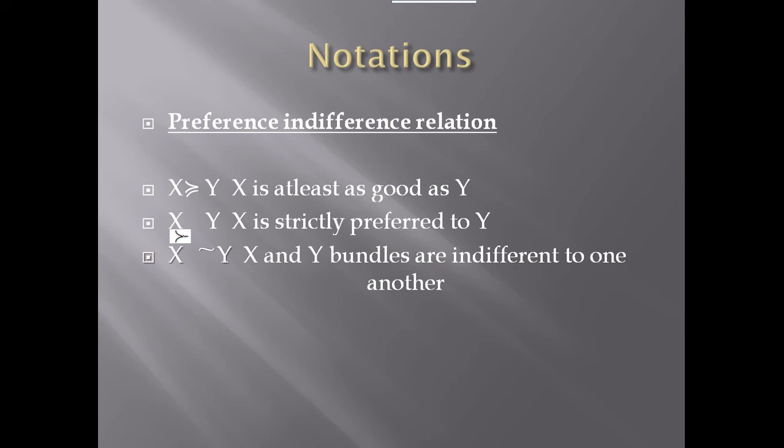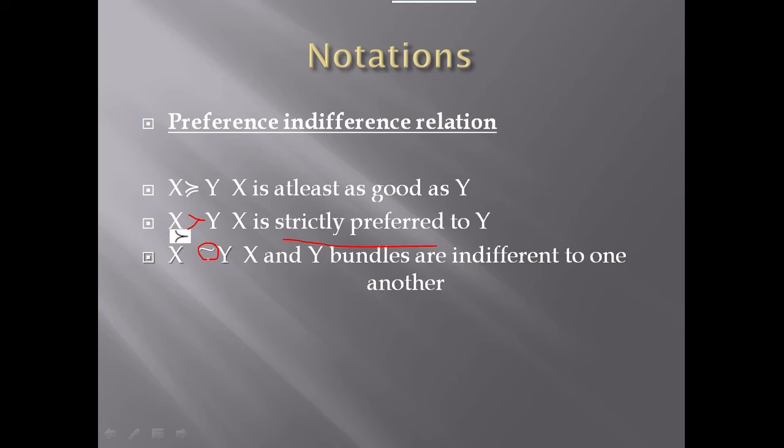Again, X is superior to Y. X is strictly preferred. This sign shows strict preference. X is strictly preferred to Y. And this notation shows that X and Y are indifferent to one another.